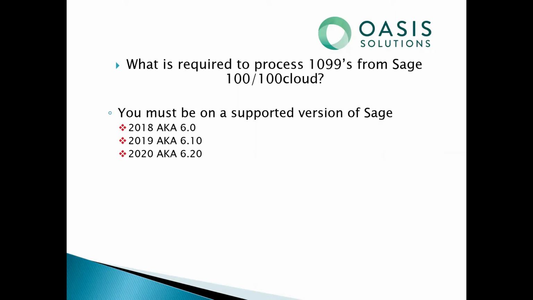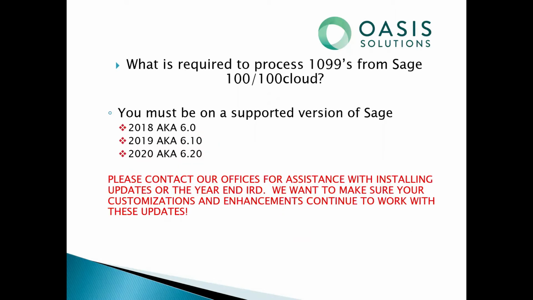You can still track 1099 history on the old forms, the miscellaneous, interest and dividends, in the prior versions, and can still access Atrix, but you will not be able to process the 1099 NEC form if that is required. If you need assistance with installing the service update for the NEC form, or with Atrix or anything else that we're going to talk about today, please be sure and contact our office for assistance.